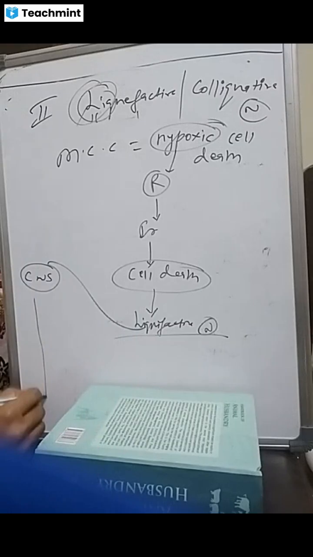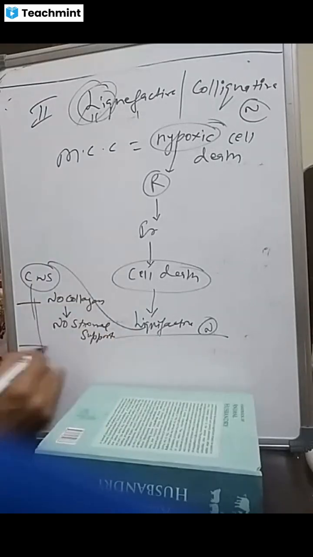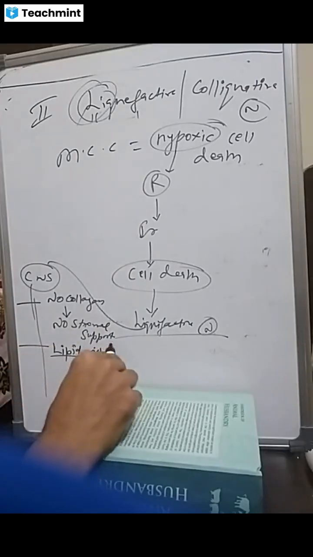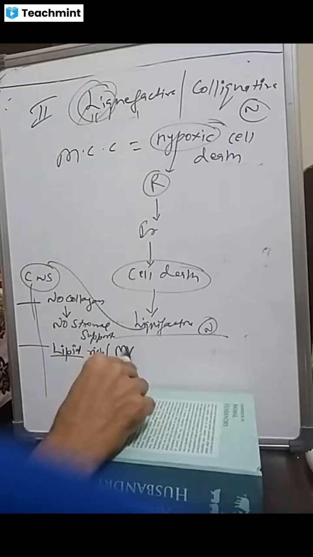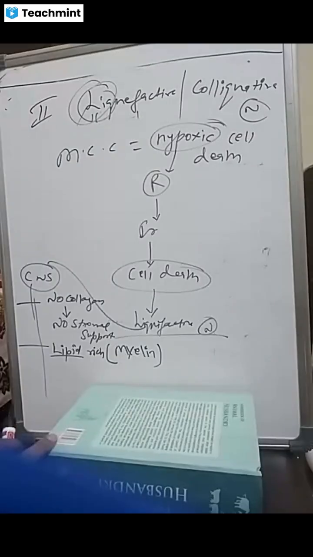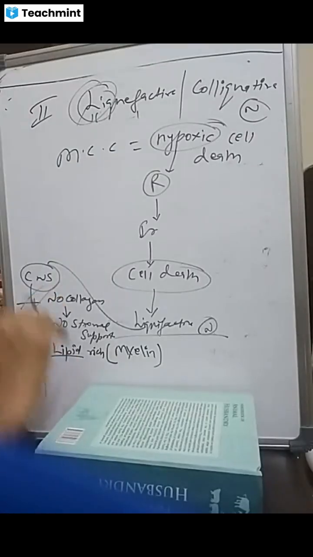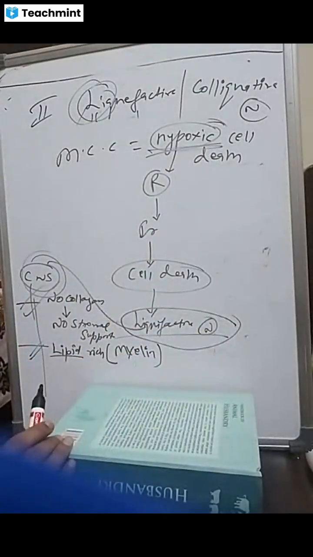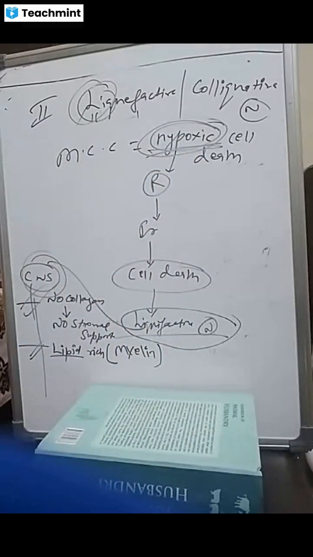Also there is myelin, so it is lipid rich because of the myelin sheath around the nervous tissue. Because of these two reasons, in the CNS, hypoxia causes liquefactive necrosis. Other than the CNS, hypoxia causes coagulative necrosis.